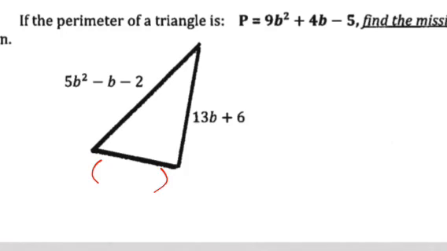So in looking at this and this, when we combine those together, there's just a b squared of 5b squared. A negative b and a positive 13b is a positive 12b. And a negative 2 and a positive 6 gives us a positive 4.